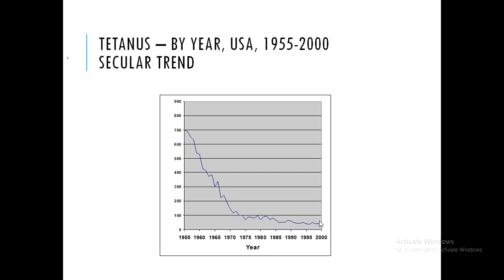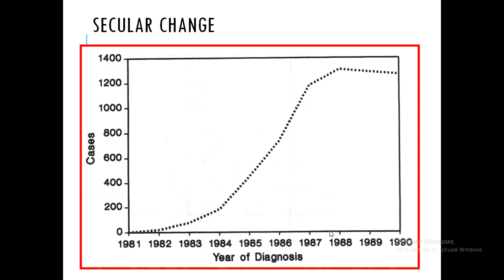There are certain diseases which show a pattern over a prolonged period of time, which is shown by the secular trends. As you can see, the deaths by tetanus were very, very high in 1955, and then they started declining. By 2000 and 2010, the number of deaths by tetanus is almost negligible in developed countries. Again, another example: the number of cases of coronary heart disease were less in the early 80s, and then they started increasing, and at the end of the 1990s and 2000, the number of deaths because of coronary heart disease is very high.